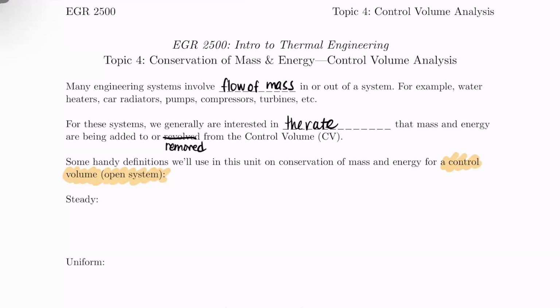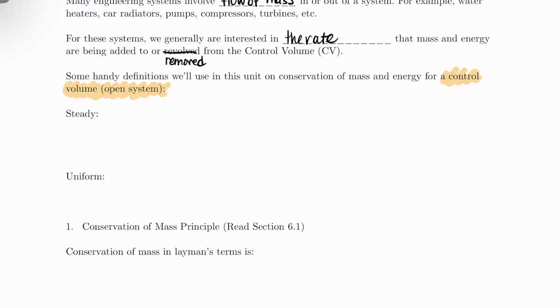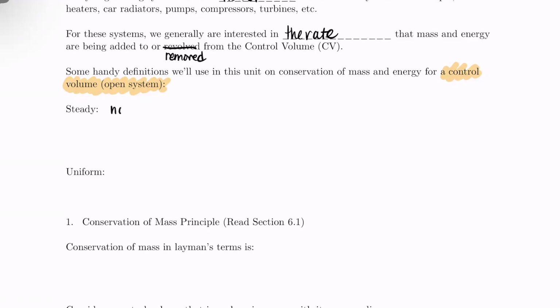And so before we dive into this discussion, there's two definitions that we're going to use frequently throughout this unit. So we're going to just start with defining them. The first one is what it means for a system to be steady. And so steady means that there is no change with time. Mathematically, this means time derivatives of things are zero, right?